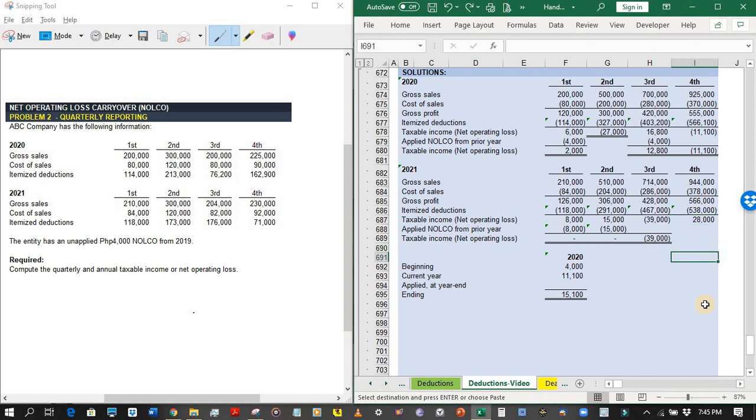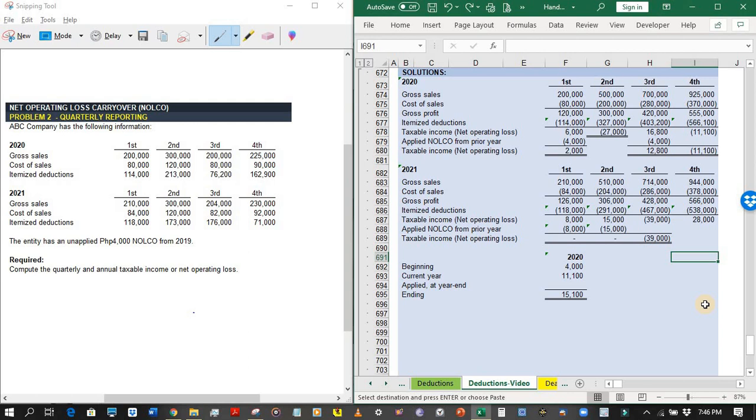Again, the net operating loss during the 9-month period of 2021 is reversed during the fourth quarter operations. So which means that for the year, we have a taxable income of 28,000 pesos. And the 28,000 pesos is already the annual information in the income tax return. So the final result for 2021 is a taxable income of 28,000 pesos.